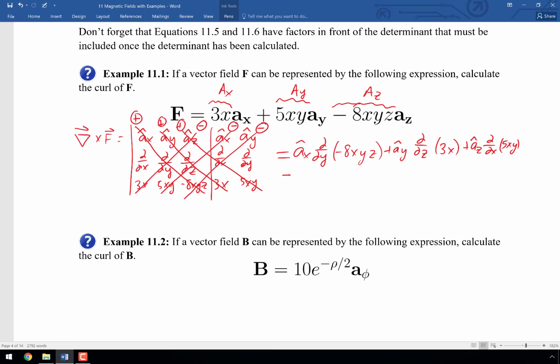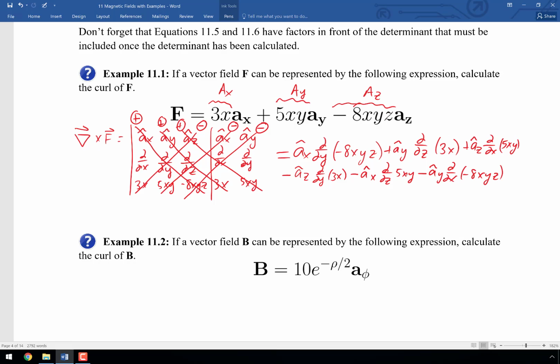So minus a sub z partial with respect to y of 3x, minus a sub x times the partial with respect to z of 5xy, minus a sub y partial with respect to x of negative 8xyz.